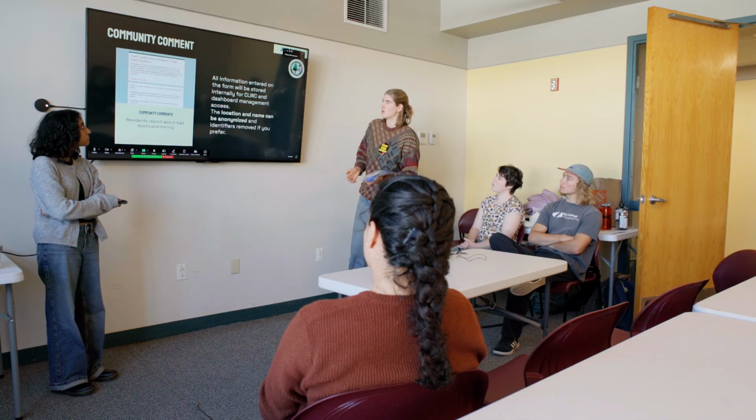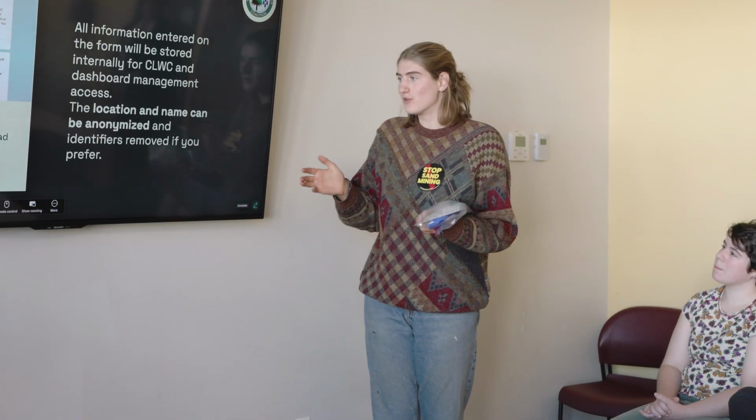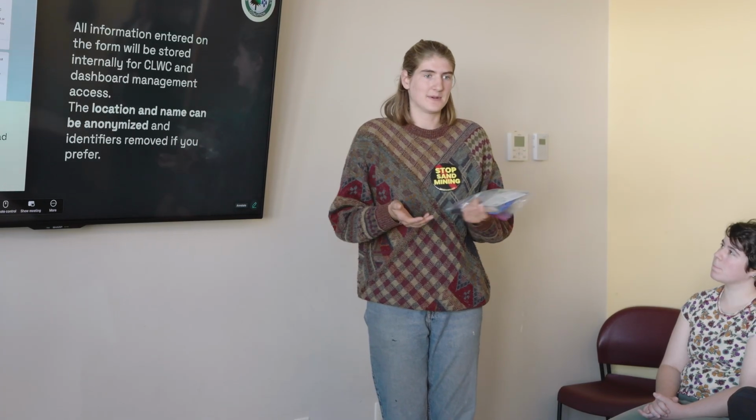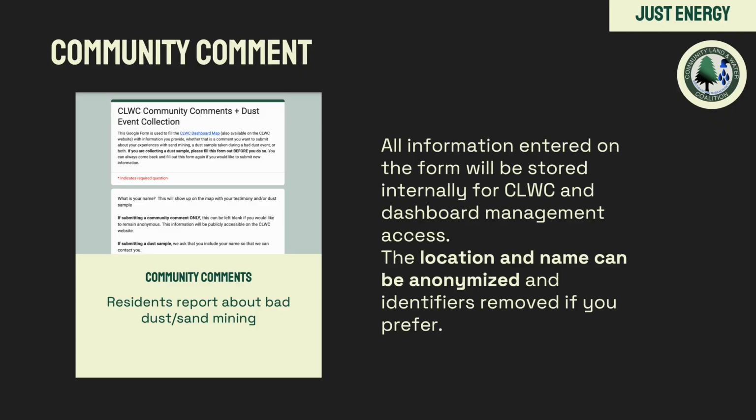And then the community comments. This is a Google form that we have some papers and QR codes for. It's also tinyurl.com/stopsandmining, so there should be lots of ways to get there. It's a way to put in narrative information about when there's been bad sand in the area and the harms caused.